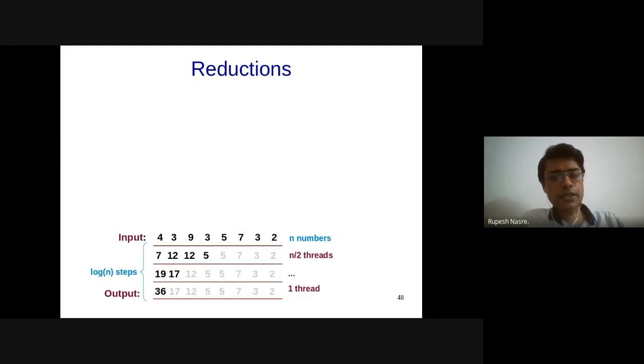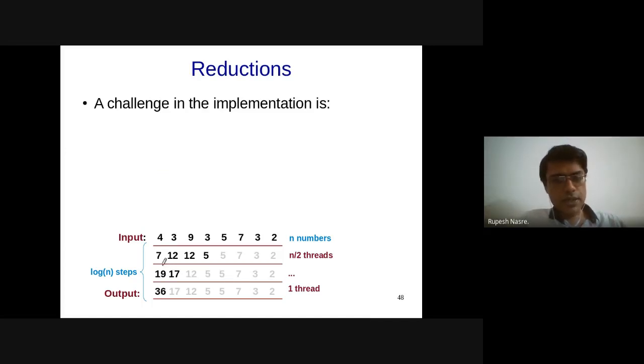Right? So we implemented this, and what happens in this case is, I'll tell you using this. The way it is happening is that thread 0 is writing using these two memory locations, right? So 4 plus 3, and I'm writing to 7. What is thread 1 doing?